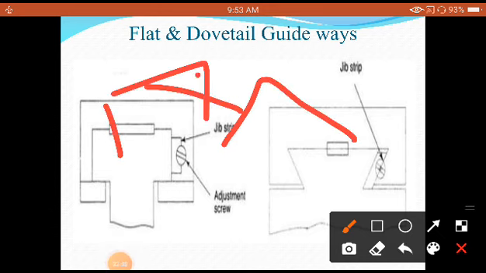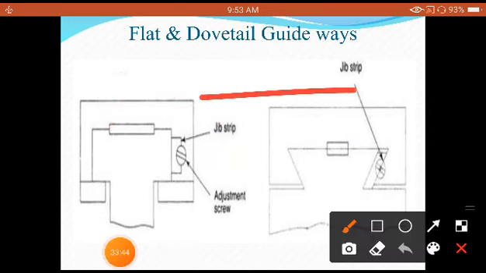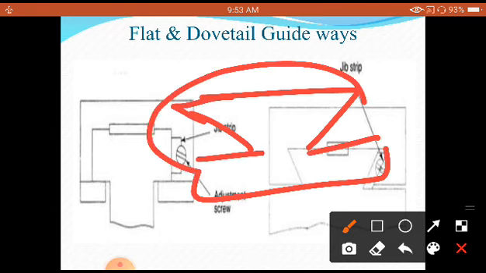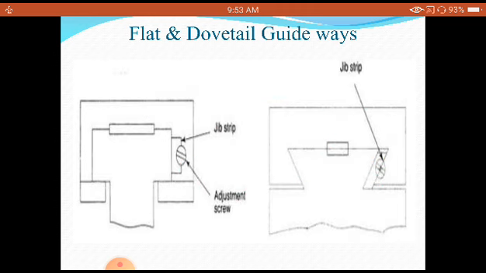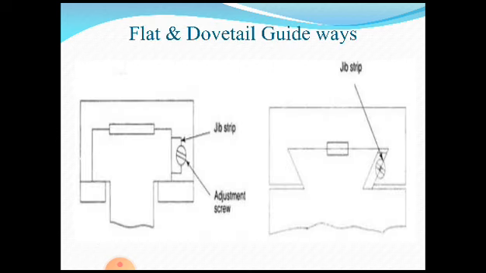The combination of these two could be of this type, as you are going to see there. This particular form is called a dovetail guideway, as you are going to see clearly.